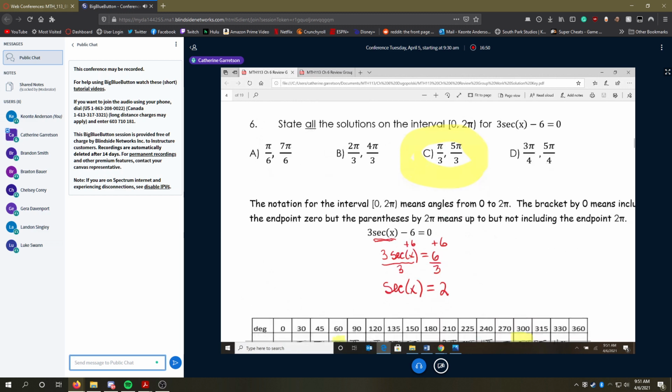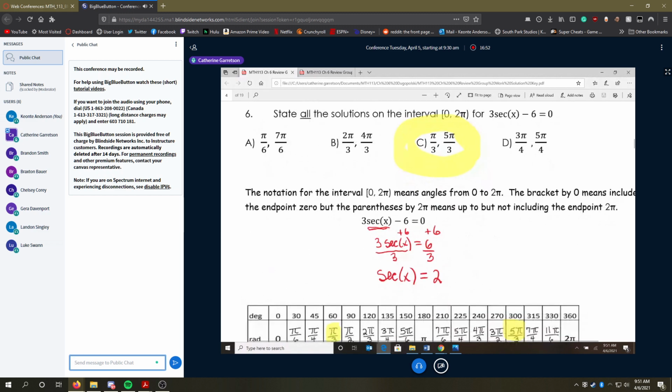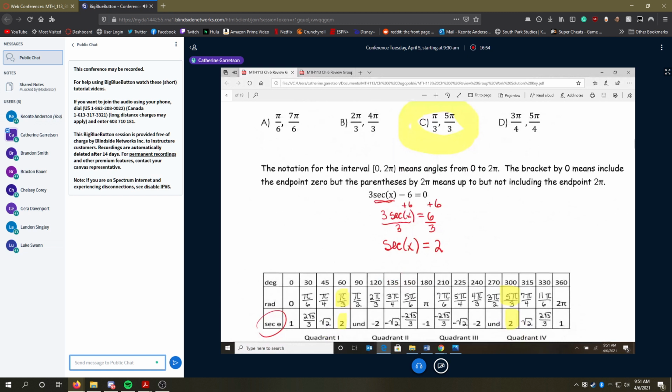But it doesn't turn out that either one of those are the answers, so it's kind of a moot point, but it's always good to make sure everybody knows how to read that. So I'm looking for 2 all the way across, and I find a positive 2 when the angle's pi over 3, and a positive 2 when the angle's 5 pi over 3. So I'm going to choose the 2 answers, pi over 3 and 5 pi over 3.